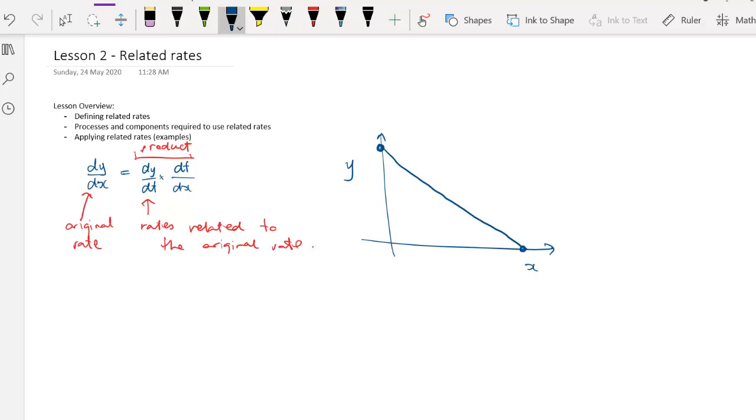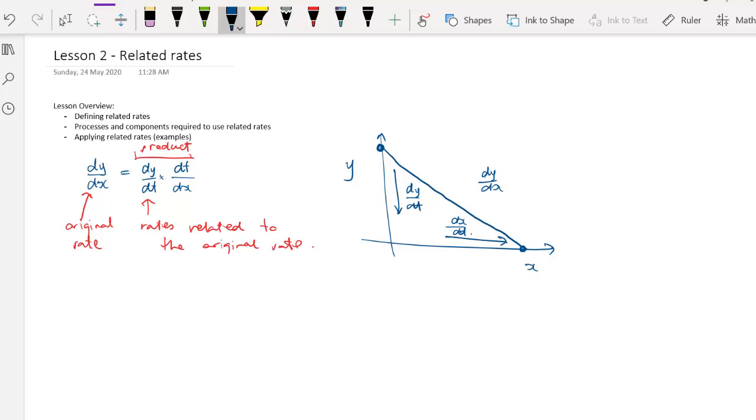As this side moves at dy dt, a rate of change of y with respect to time, we'll get a related rate dx dt. So those two can be related, and we could also look at the rate dy dx, the way that y moves with respect to x.